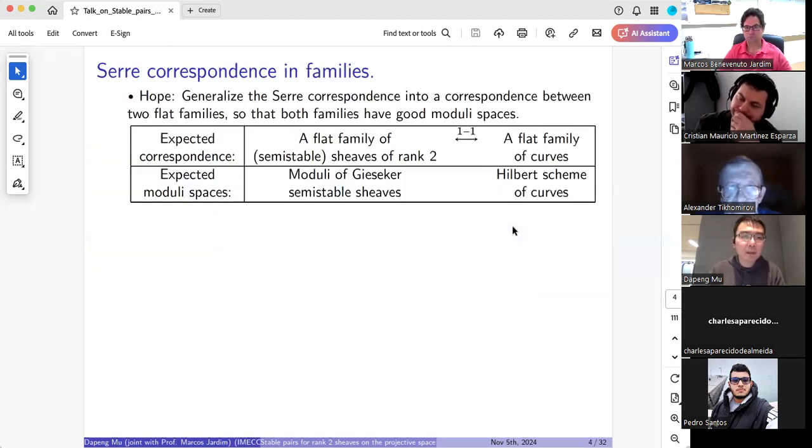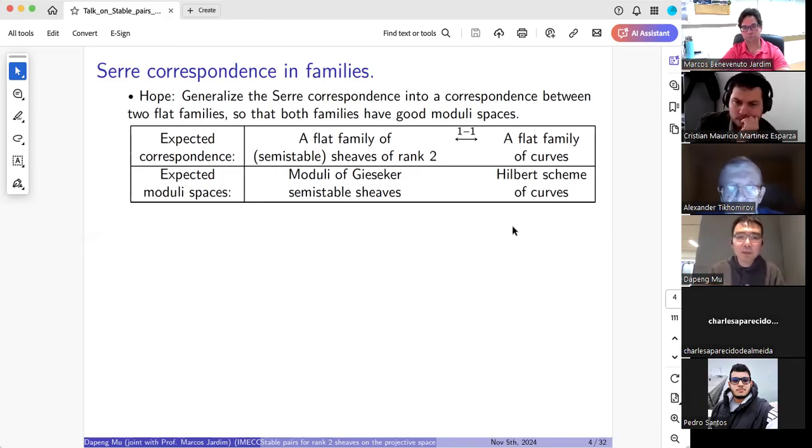Right, so our goal is to generalize this set-theoretic correspondence into flat families, so that we hope both families have good moduli spaces. In the first row, the expected correspondence would be a flat family of rank 2 sheaves and a flat family of curves.